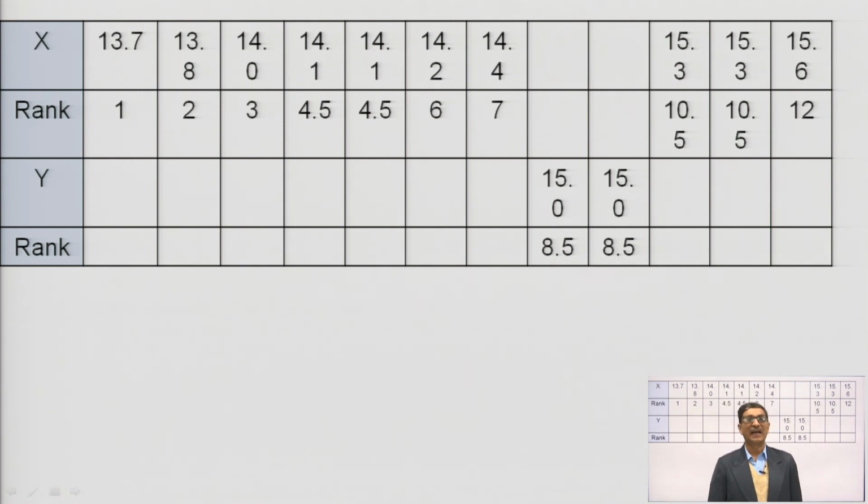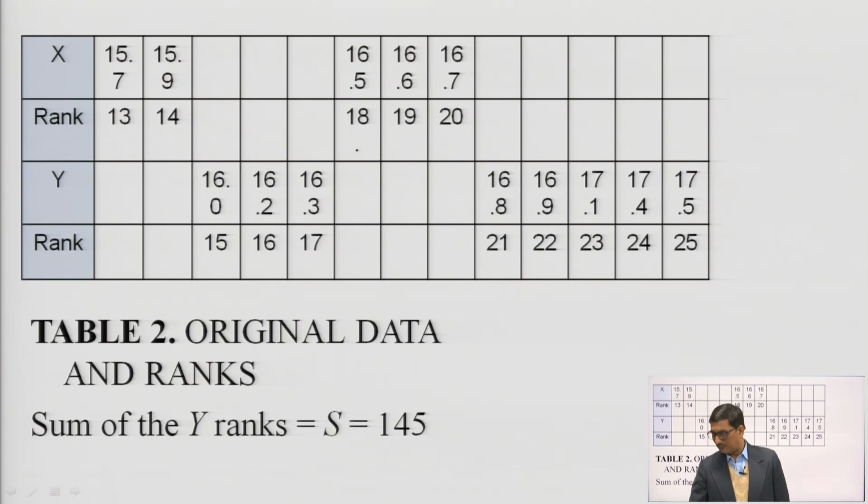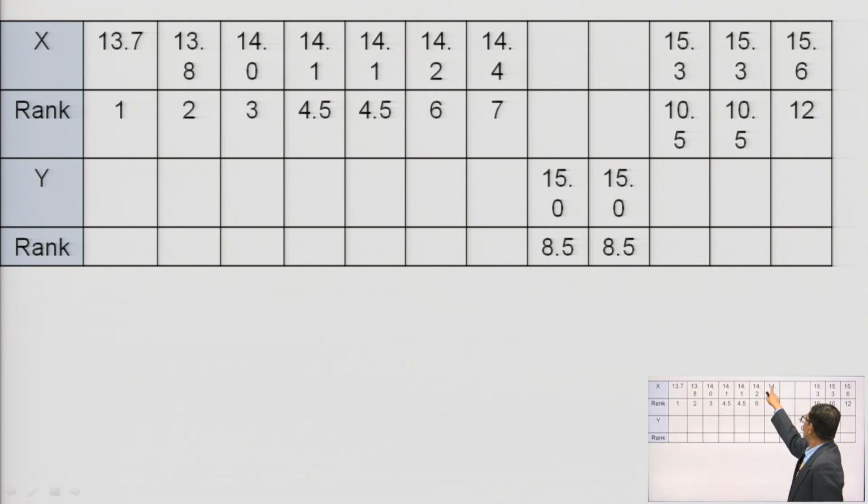So, we assign the ranks. This is the minimum value, 13.7, so we give rank 1; 13.8, rank 2; 14.03, and so on. When assigning the ranks, we continuously assign the ranks across X and Y values. After 14.4, the next upper value in Y is 15.0, then the next value 15.3.